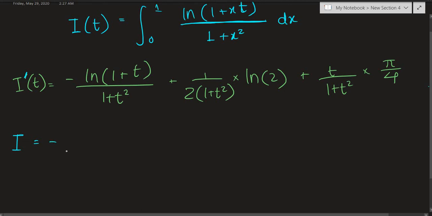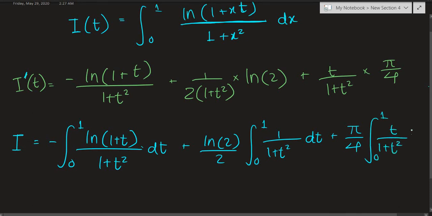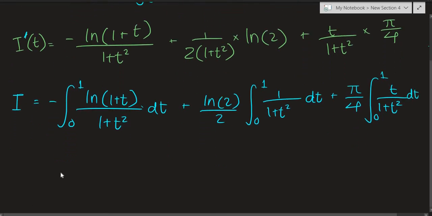So we have negative integral from 0 to 1 of natural log of 1 plus t divided by 1 plus t squared dt. It's an integral with respect to t now, and we have natural log of 2 divided by 2 times integral from 0 to 1 of 1 over 1 plus t squared dt plus pi over 4 times integral from 0 to 1 of t divided by 1 plus t squared dt.